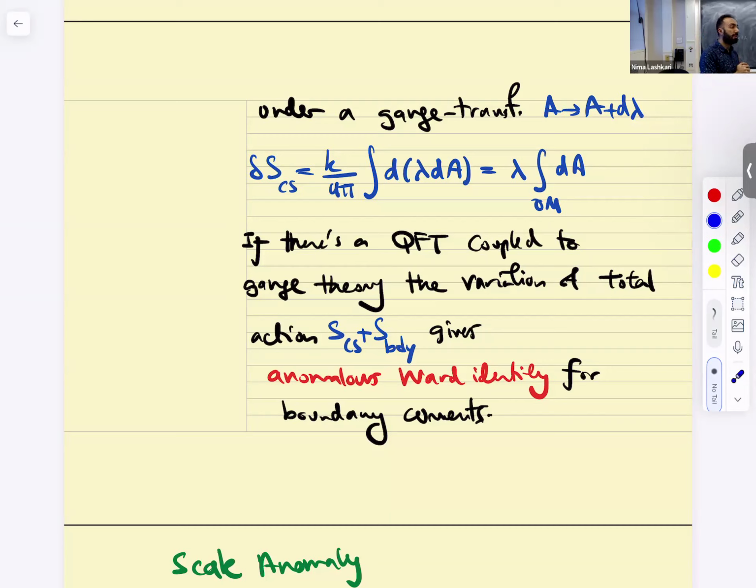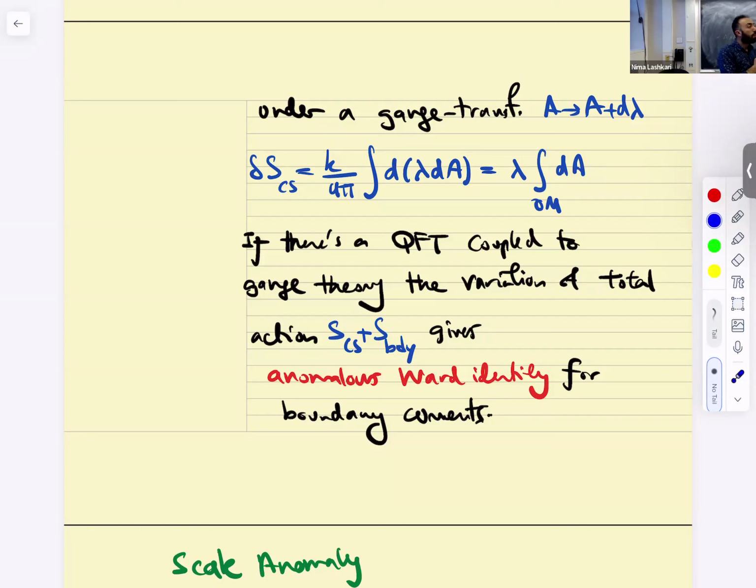Now, an important thing. Imagine you're sitting in the bulk. If you have the bulk fields, you have the kinetic term for the gauge fields, like F mu nu squared, the standard thing. And then you have the Chern-Simons term.